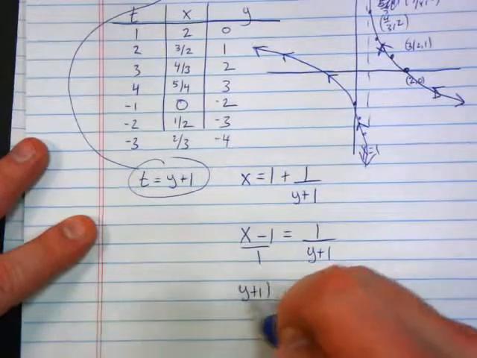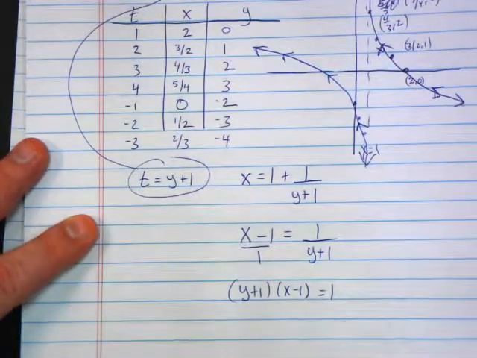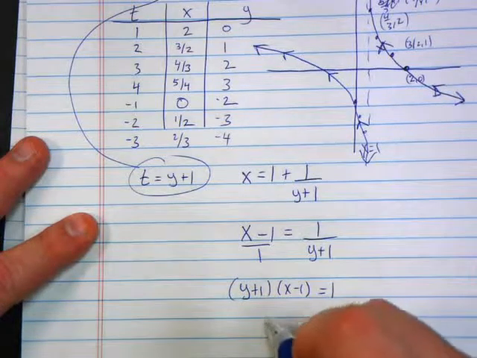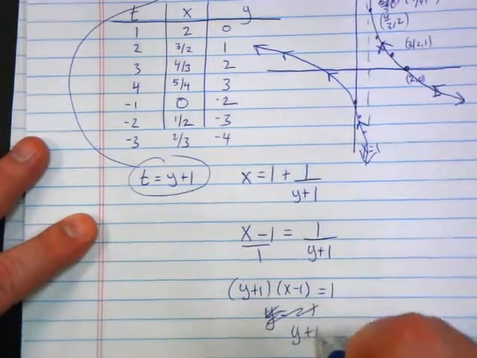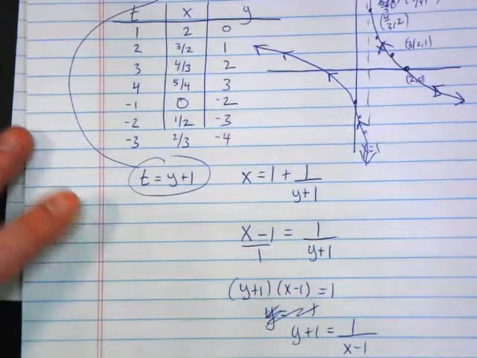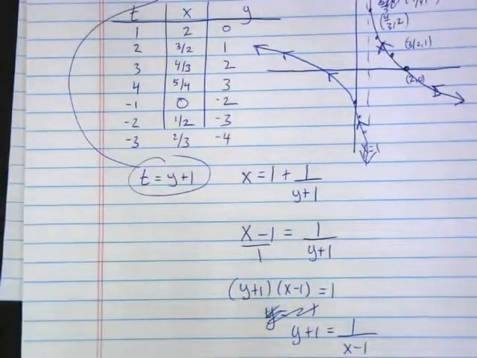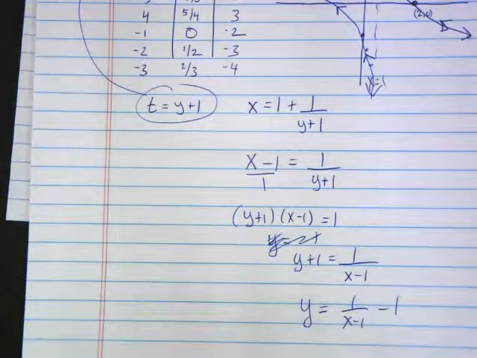Y plus 1 times x minus 1 equals 1. Y plus 1 is 1 over x minus 1. So finally, y is 1 over x minus 1 minus 1. I think I could get the y all by itself, but it's kind of a pain in the neck. Questions on that?